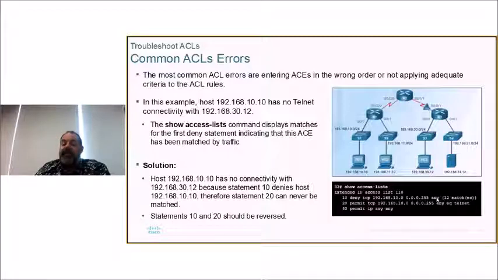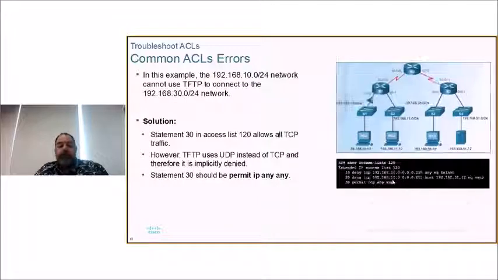And so basically we're denying all TCP traffic. And so this TCP telnet traffic won't get through. And so only traffic that will get through is traffic that's not TCP. So UDP, ICMP, that will all get through because we've denied all TCP traffic. And so, as it says, we need to swap lines 10 and 20.